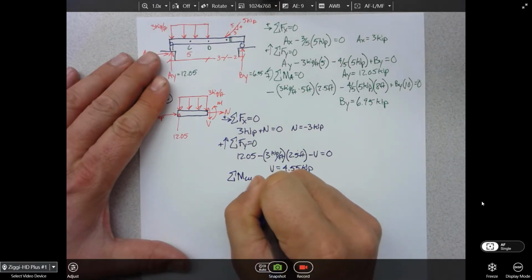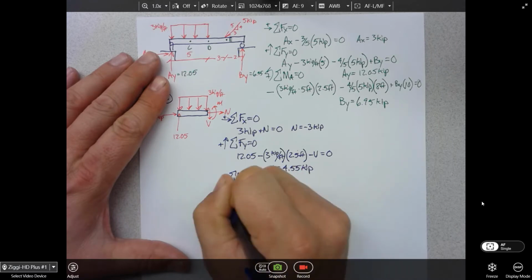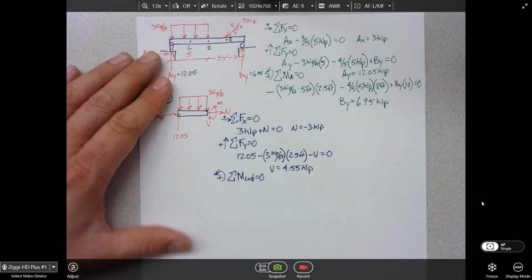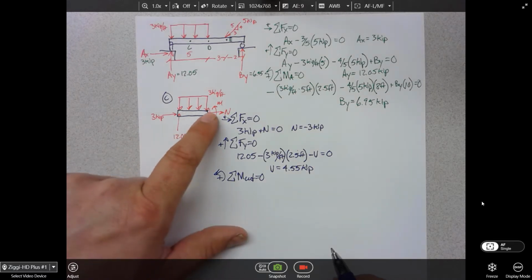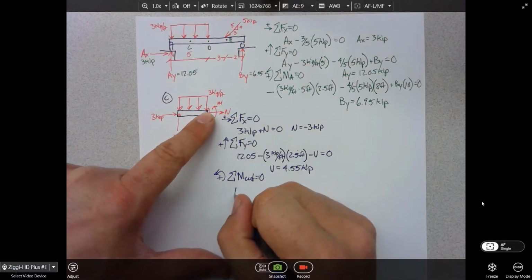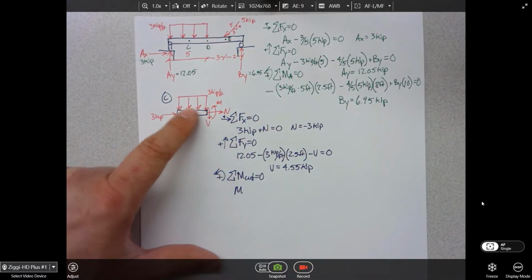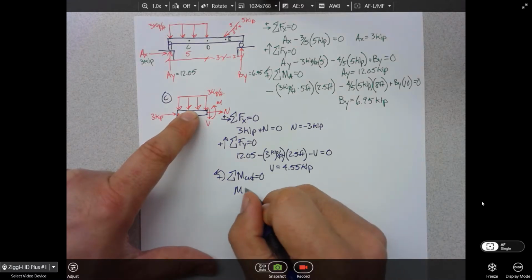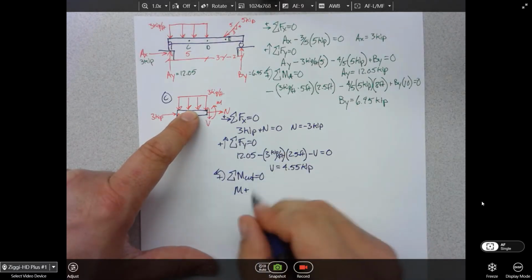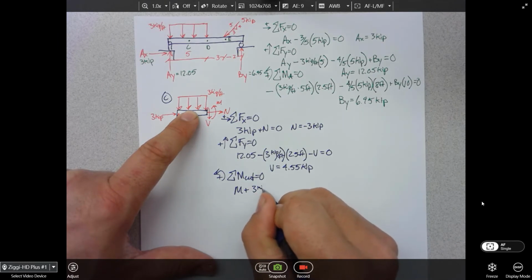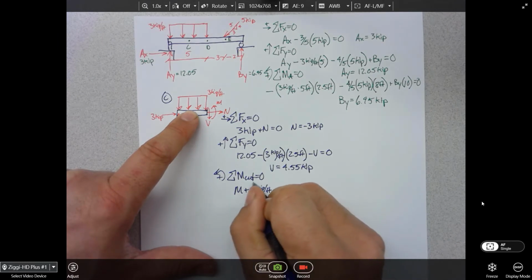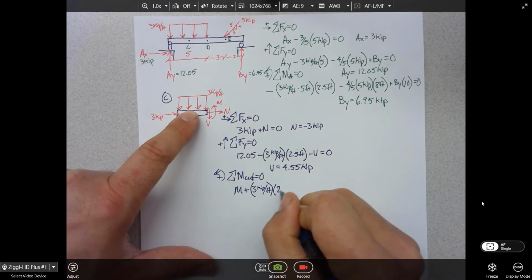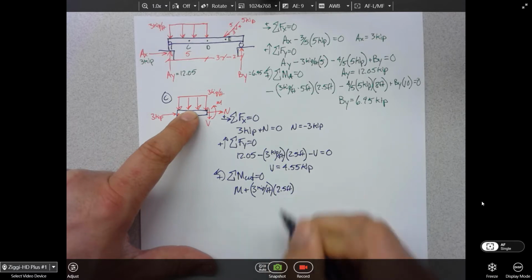Sum of the moments about the cut has to equal 0, counterclockwise positive. Okay, so if I'm summing about the cut, I'll have M, my unknown. I'll have the moment due to the distributed load. That's also going to be positive. So the distributed load is the 3 kip per foot times 2.5 feet that it acts over. Right, so 7.5 kip.